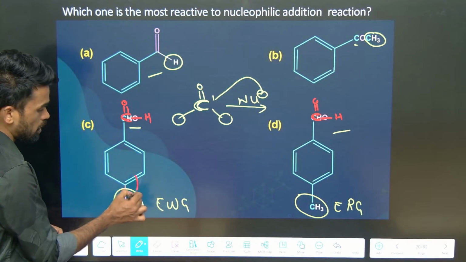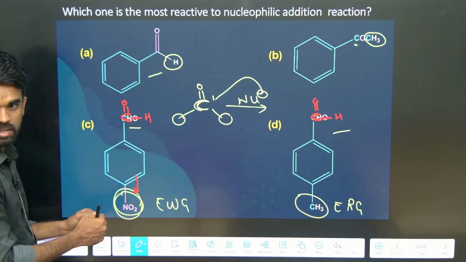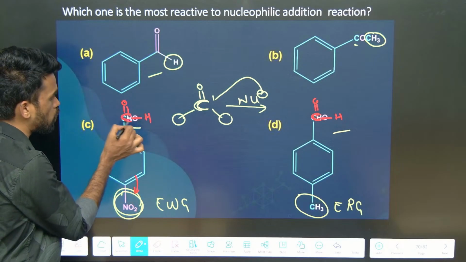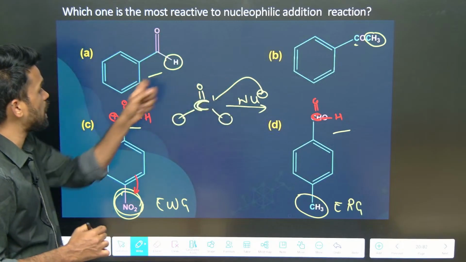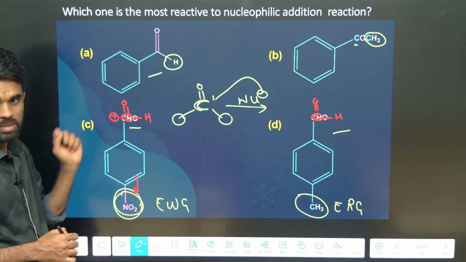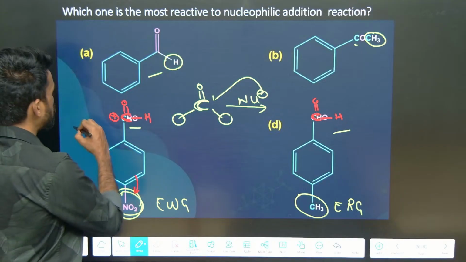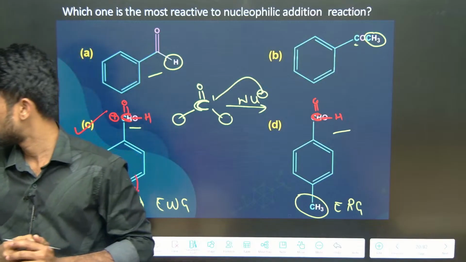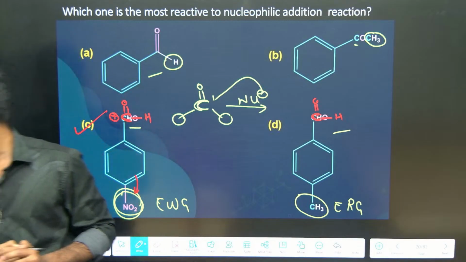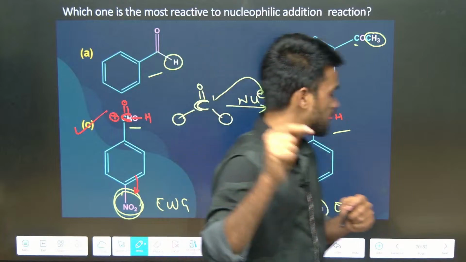It will withdraw electrons towards itself from the ring, and that will create more positive charge on this carbonyl group. So therefore the nucleophile can easily attack over here. Is this clear? So C will be most reactive towards nucleophilic addition reaction. Okay, is this clear? Yeah.